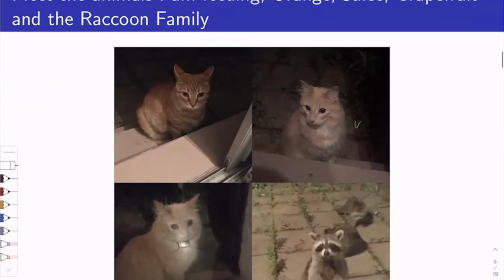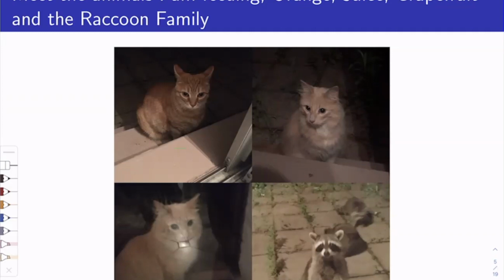I named this cat Orange, this is Juice, and this is Grapefruit. Because during that period of time, I was craving orange juice for some reason, and Juice and Grapefruit look really similar, but they are different cats.